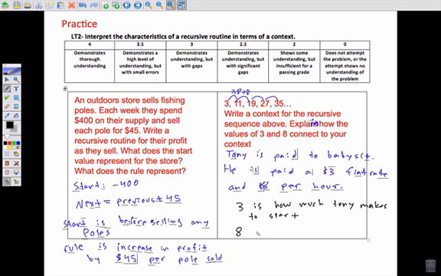Then 8 is how much he makes each hour after that, on top of the 3 that he already got. Okay, so that is how 3 and 8 connect to the context.